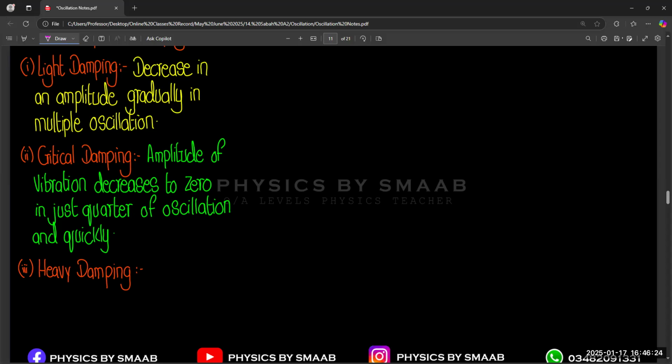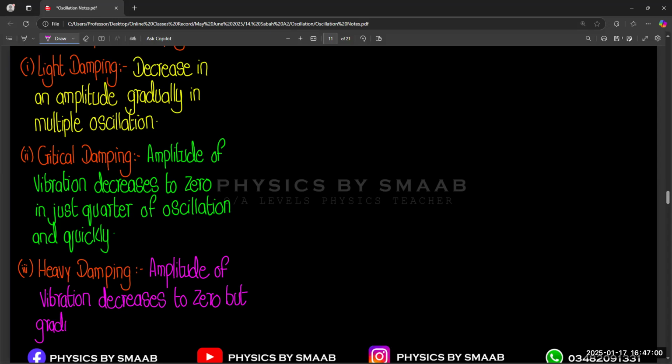So heavy damping is, but gradually, in quarter of oscillation.